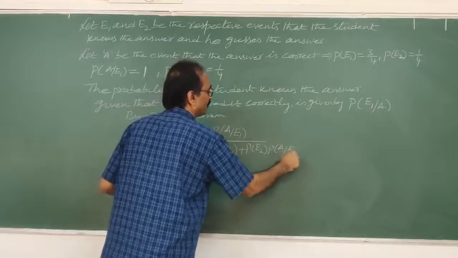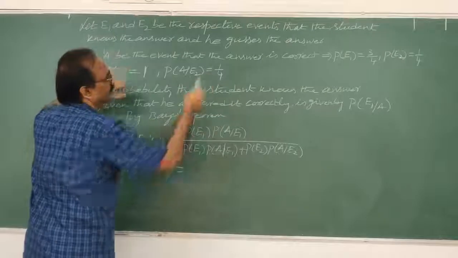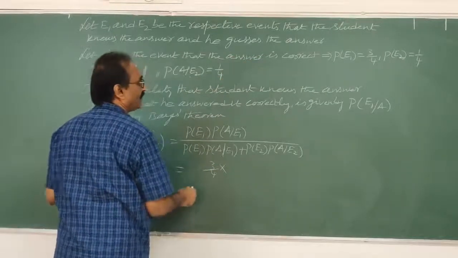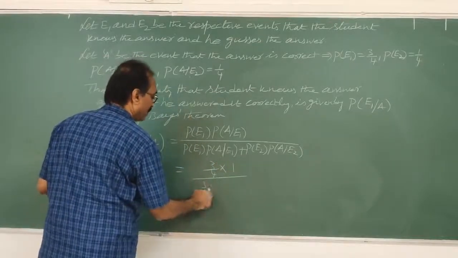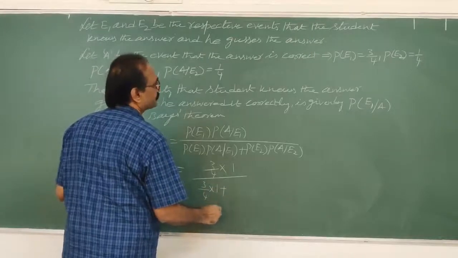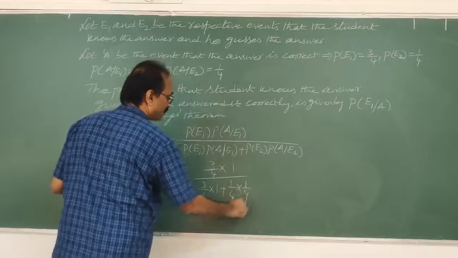That's all over. So what are the values we have right now? Probability of E1 is 3 by 4 into probability of A given E1, which is 1, plus probability of E2, 1 by 4, into probability of A given E2, also 1 by 4. Simplify it.